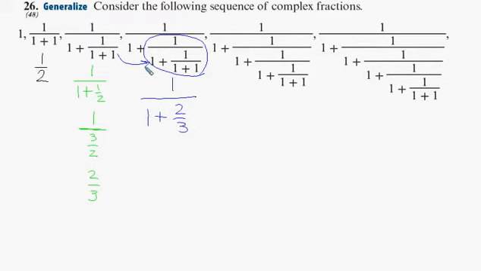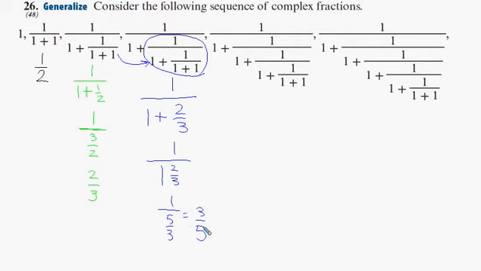I hope so. So that's equal to 1. So that means that we have 1 over 1 2/3, which is equal to 1 over 5/3, which is equal to 3/5. Okay, so this third one here is 3/5.